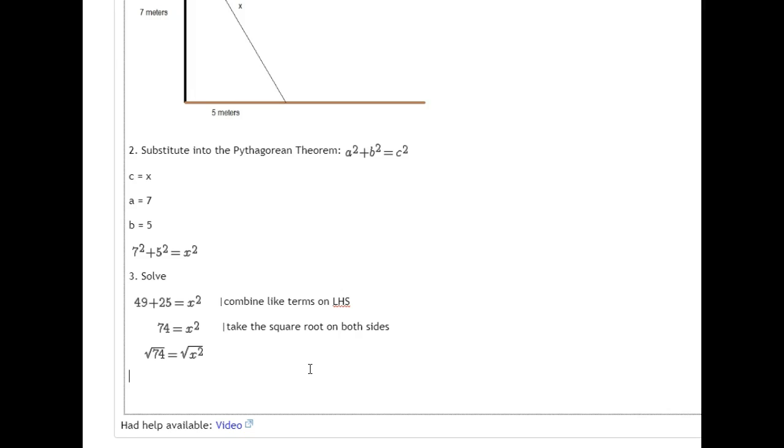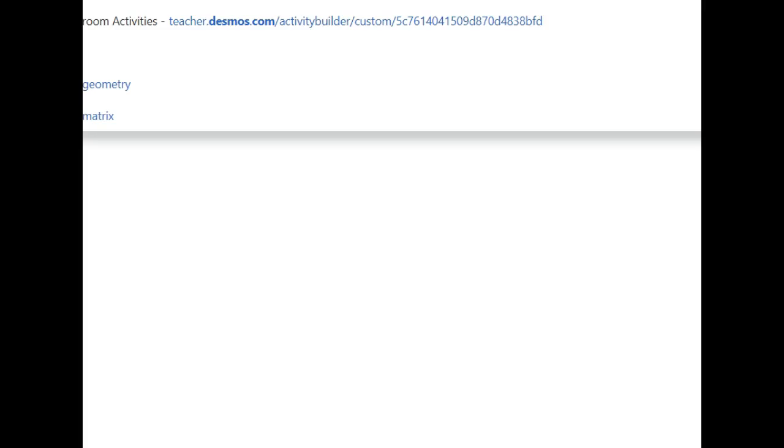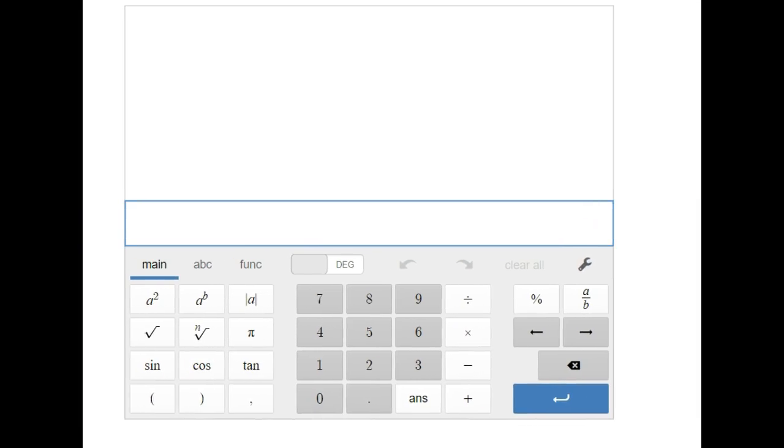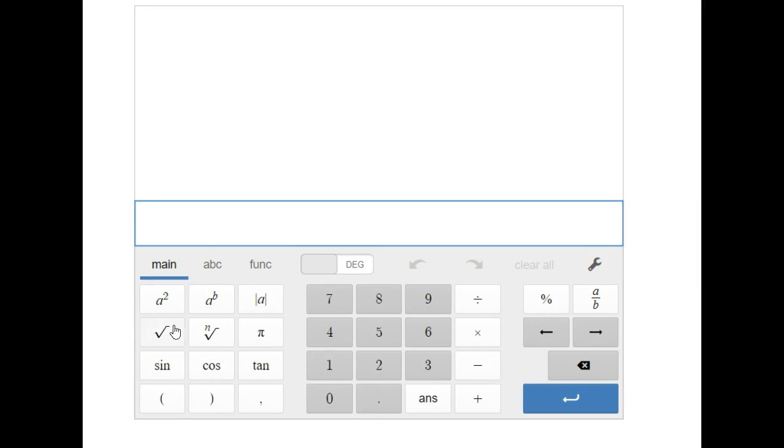Square root of x squared is just x, and we can find the square root of 74 using Desmos. So here's the Desmos scientific calculator. You can do square root with this key here, 74, and it tells you that it's about 8.6.